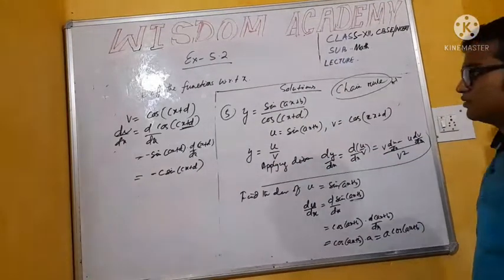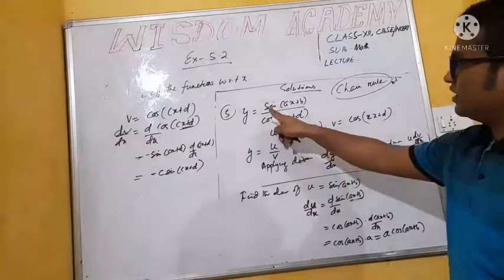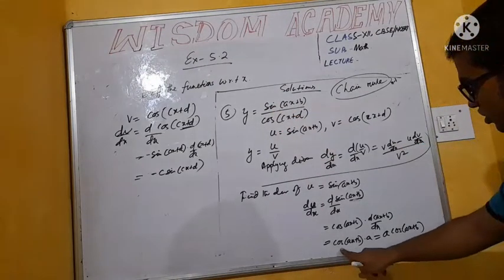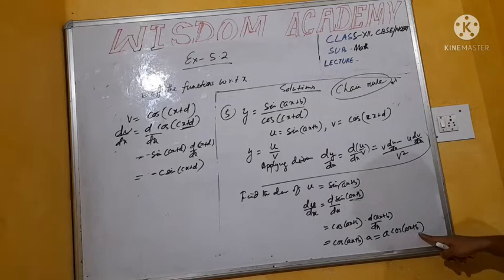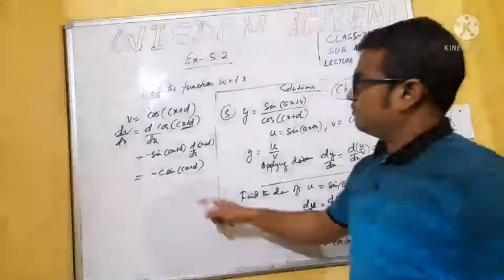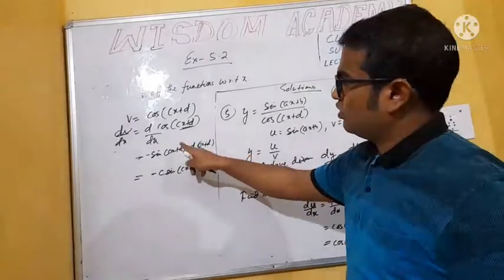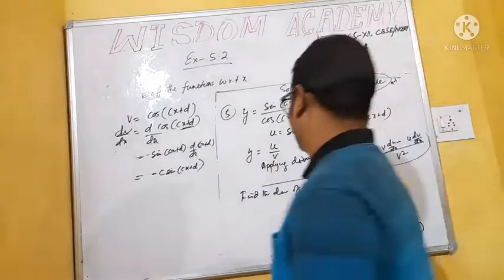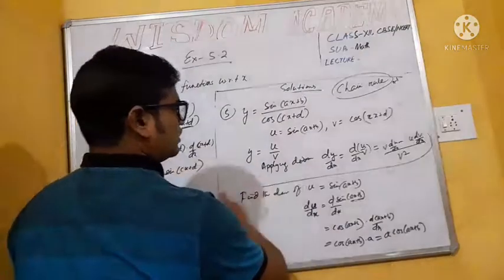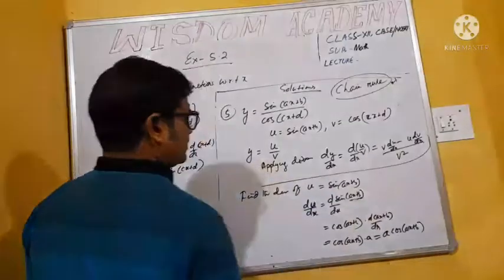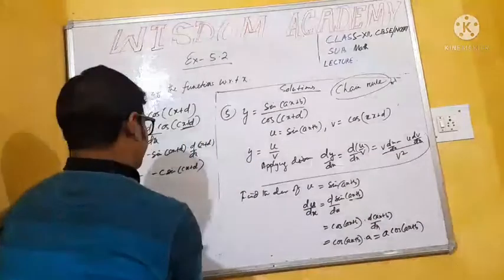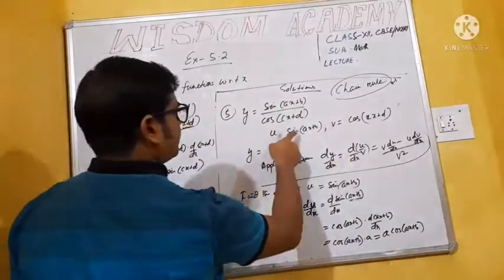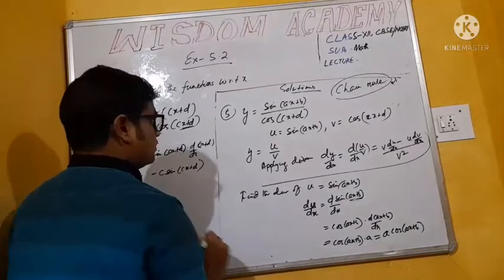Now we have the differentiating value of sin ax plus b is a cos ax plus b, and the differentiating value of cos cx plus d is minus c sin cx plus d. Now you can put the values in this division method, v into the derivative of u. What is v?